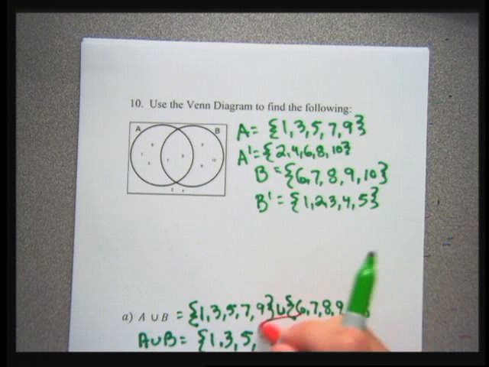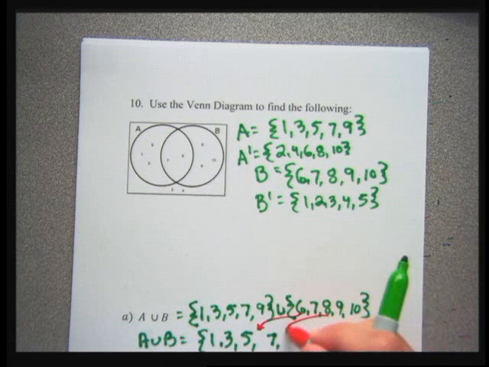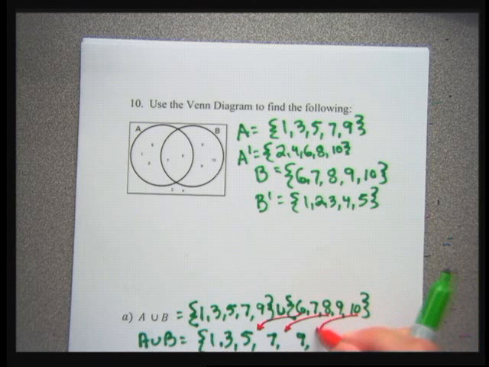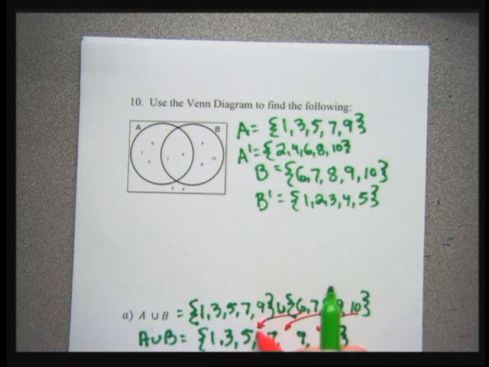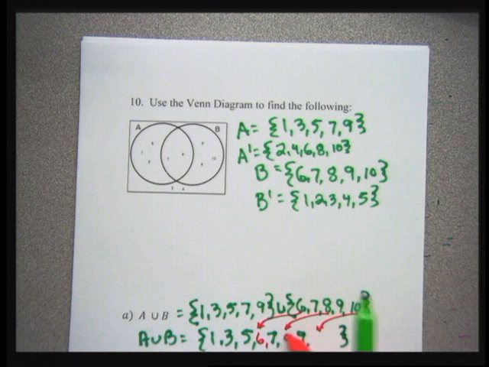So the right set has both a 6 and an 8 and a 10 that need to be in the union, because the union is anything that's in one or both sets. So A union B is the numbers 1, 3, 5, 6, 7, 8, 9, and 10.